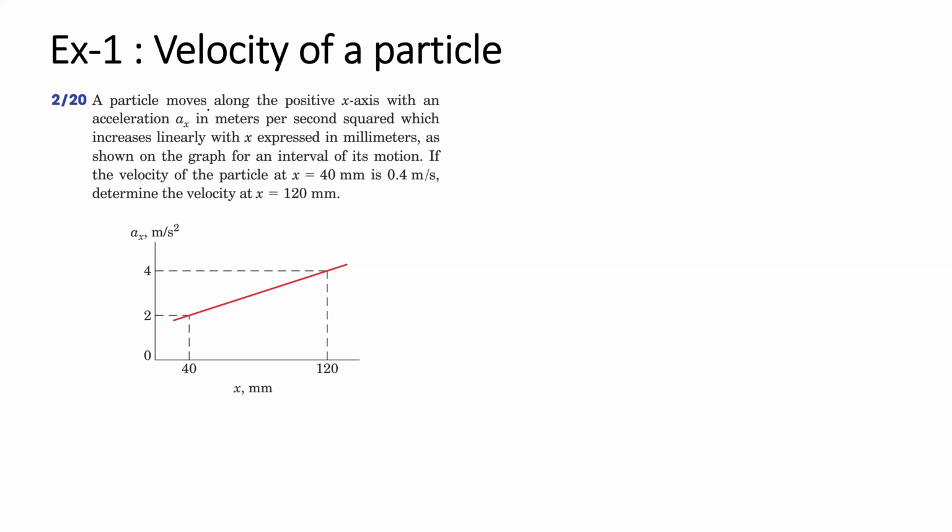A particle moves along the positive x-axis with an acceleration ax, but in this case, ax is not constant. It changes linearly against the distance x, and they show it in the plot.